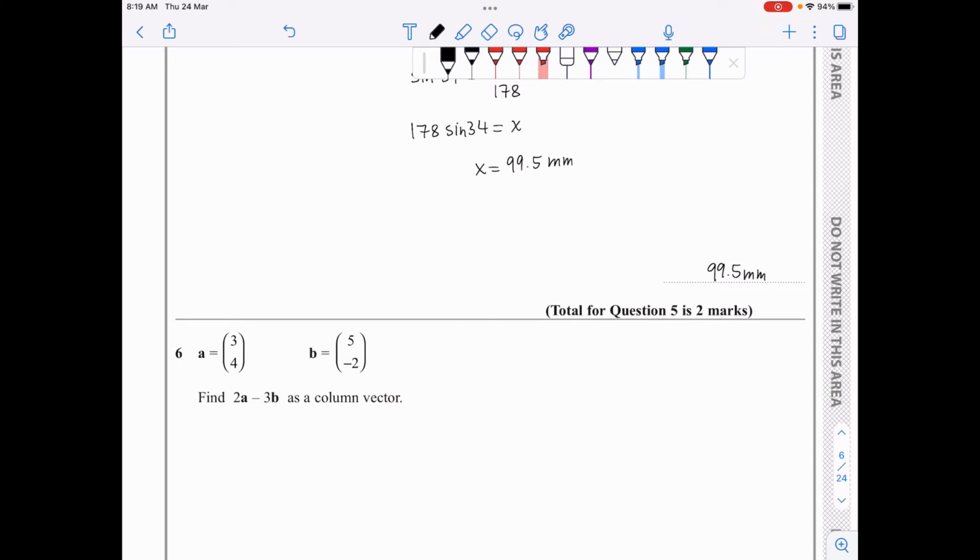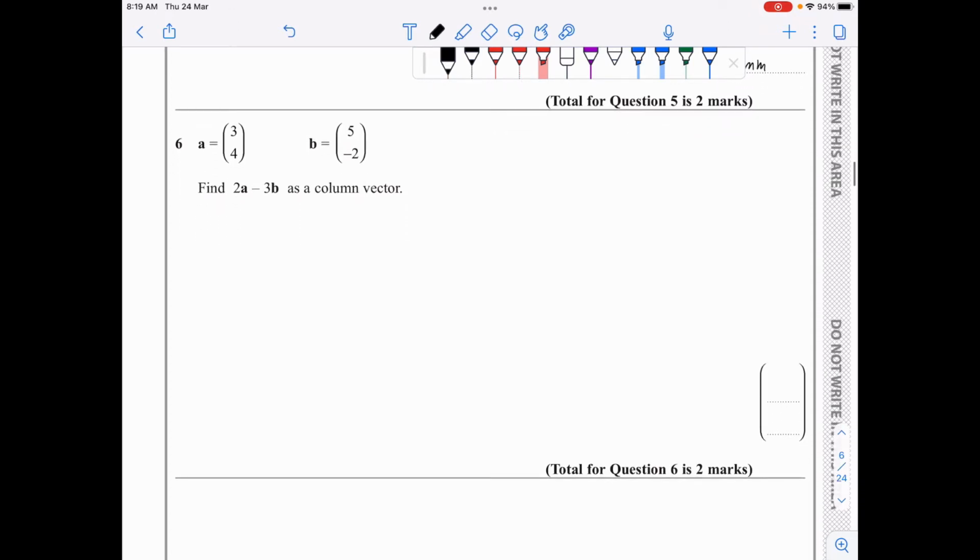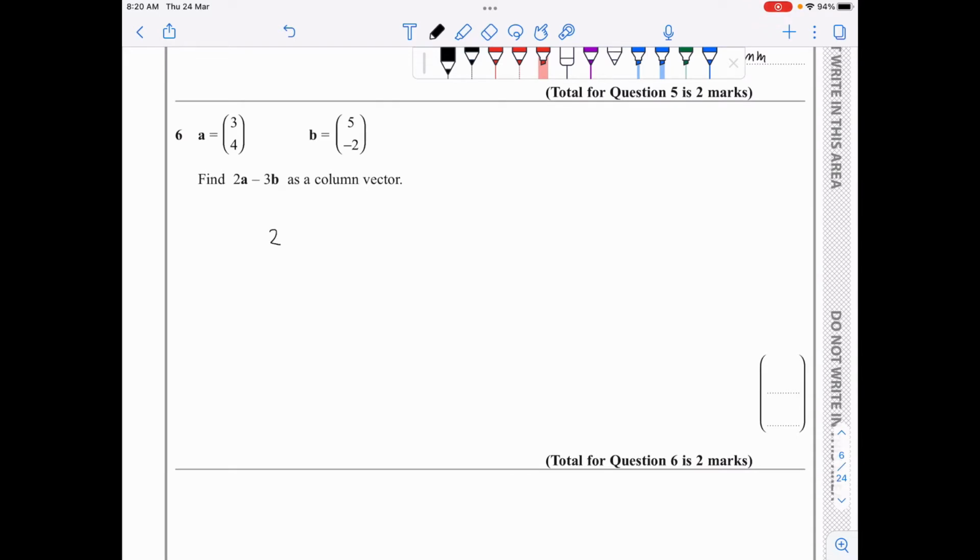6. Vector A is (3, 4). Vector B is (5, -2). I need to find 2A minus 3B as a column vector. Remember that when we multiply vectors by scalars, we multiply both entries. So in this case, what I have is 2 times 3, which is 6, minus 3 times 5, which is 15.